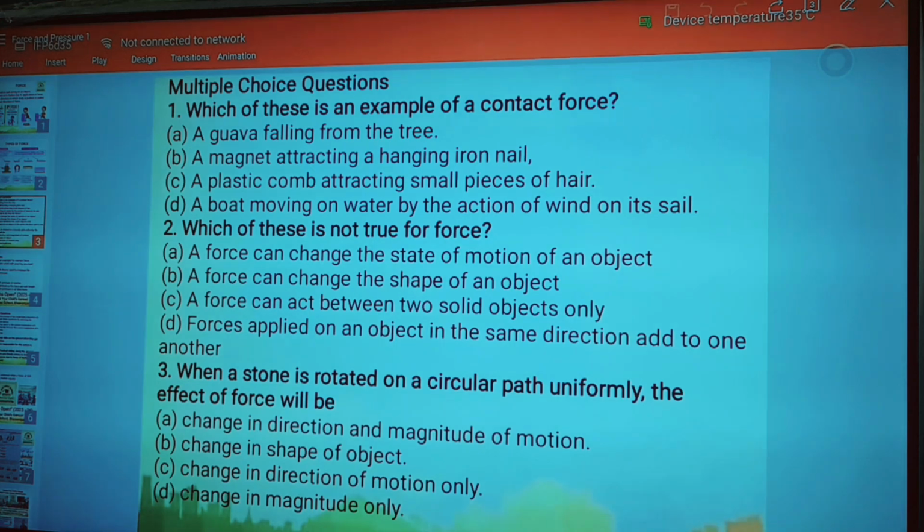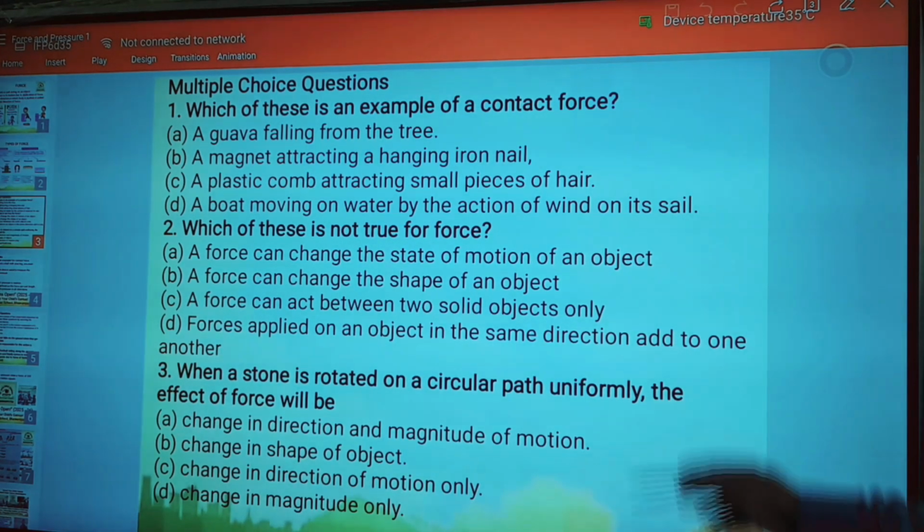A magnet attracting a hanging iron nail is also an example of magnetic force, which also comes under the category of non-contact force. A plastic comb attracting small pieces of hair is electrostatic force, and it also comes under the category of non-contact force. So only option D comes under the category of contact force. Very good. Thank you.